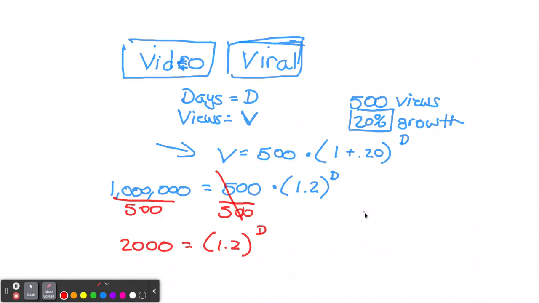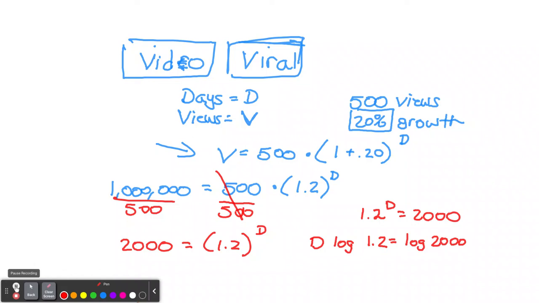And if you're used to it the other way, in index form, 1.2^D equals 2,000. Now with logs, we can say that D log 1.2 equals log 2,000. So go ahead, see what you get with that one.